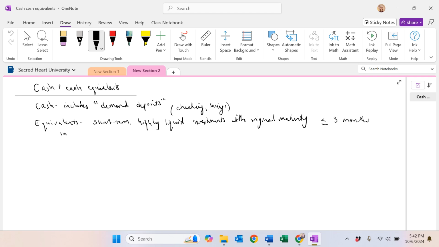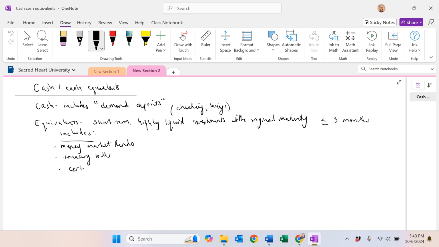And under equivalents, what specific items are included as cash equivalents? Money market funds, treasury bills. Remember, as long as these items have original maturities of 3 months or less.